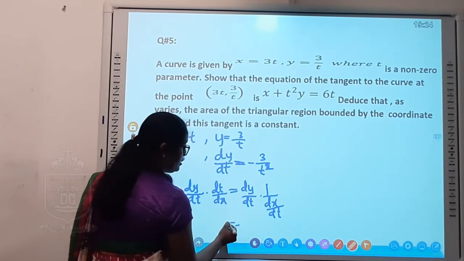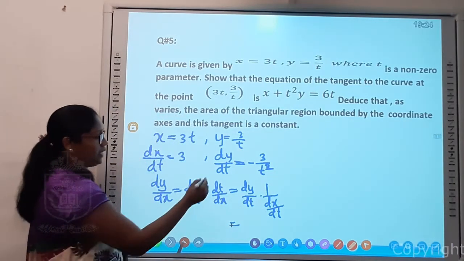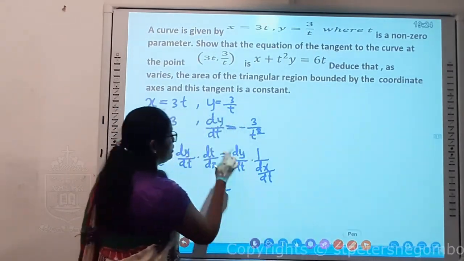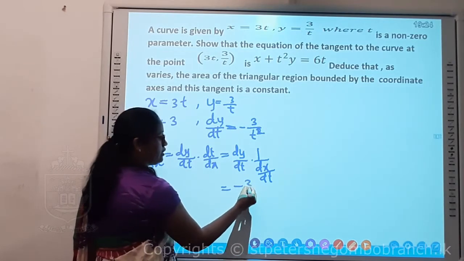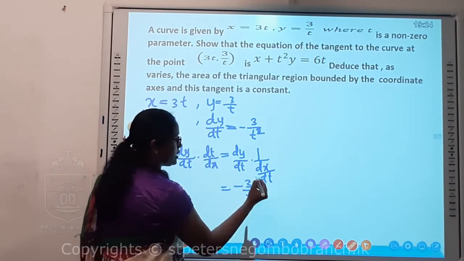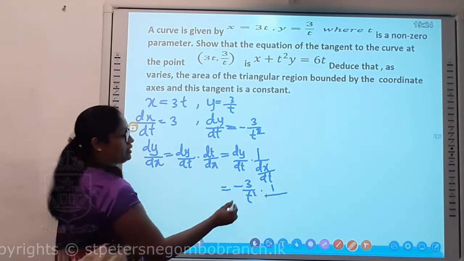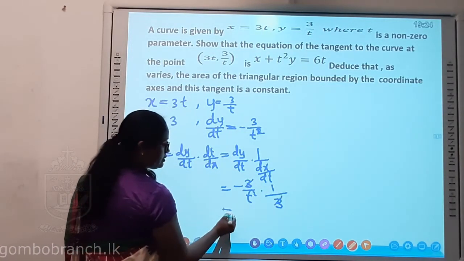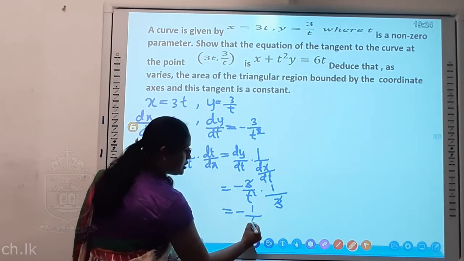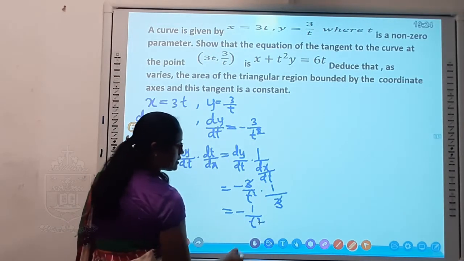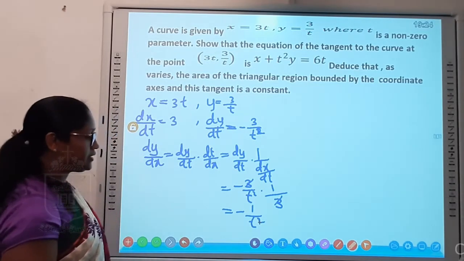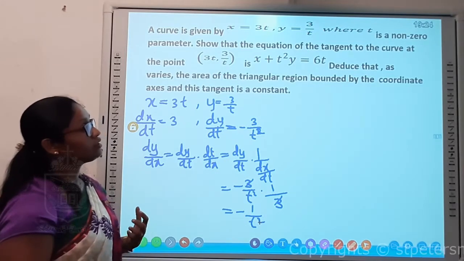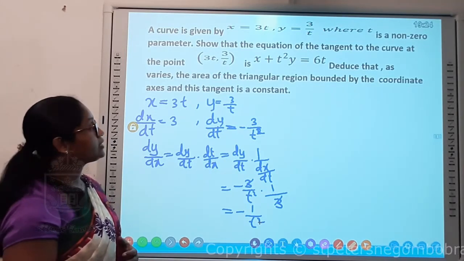So dy over dt means minus 3 over t squared, times 1 over dx over dt means 1 over 3. If we simplify, 3 and 3 cancel, so the final answer is minus 1 over t squared. So this is dy over dx, that means we found the derivative function, which gives the gradient of the tangent.